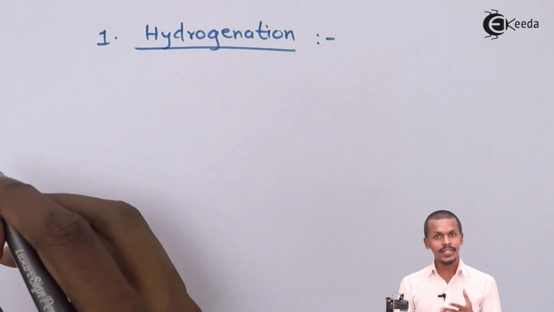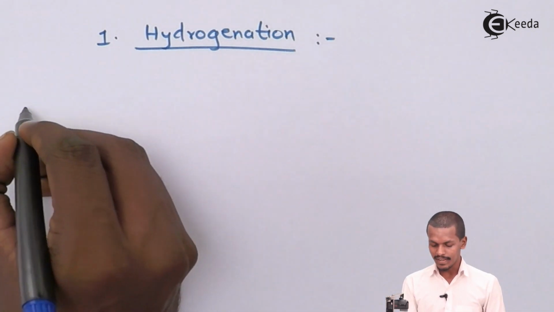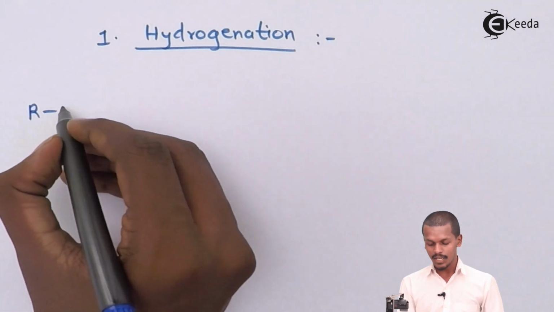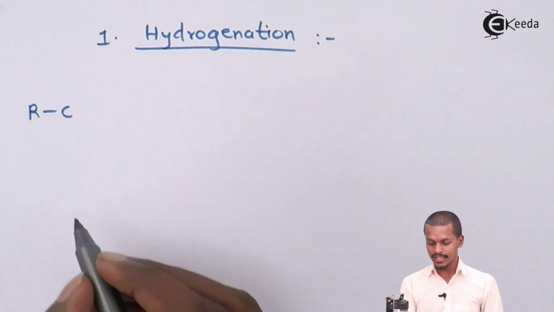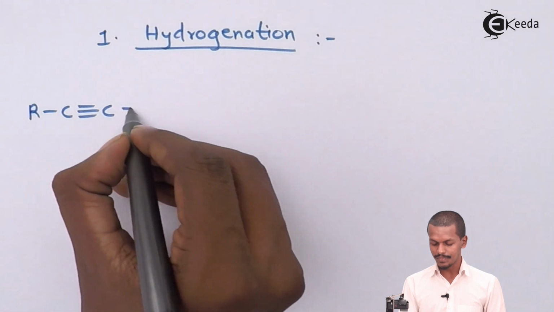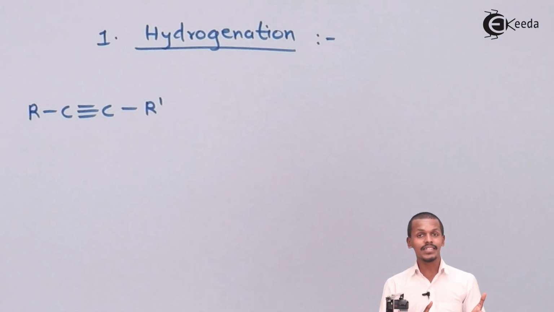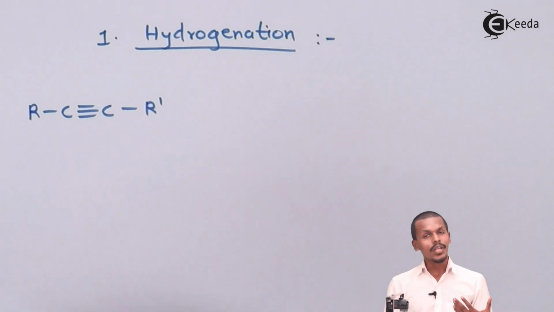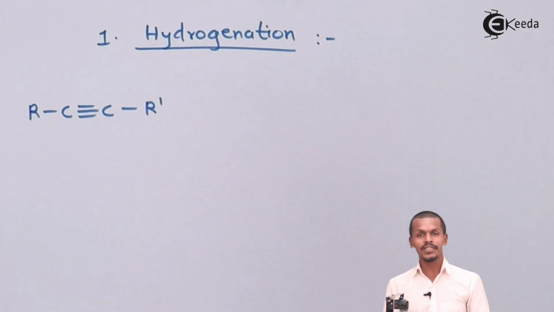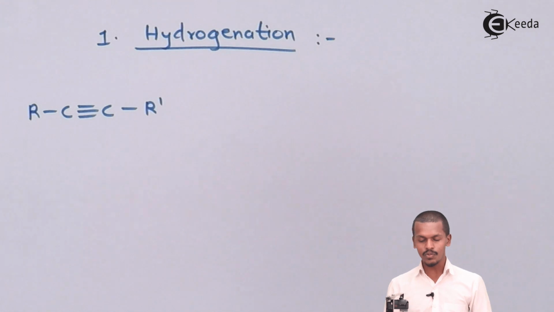Starting with the general reaction, alkynes can be written in this form. This is the general formula for the alkyne, for which we have to do the hydrogenation process. Because a carbon-carbon triple bond is present, one H2 would be required to break one bond.